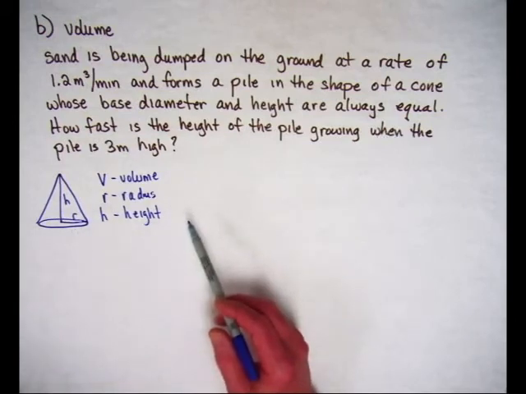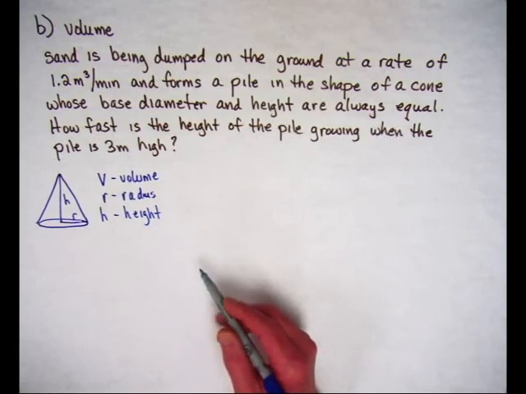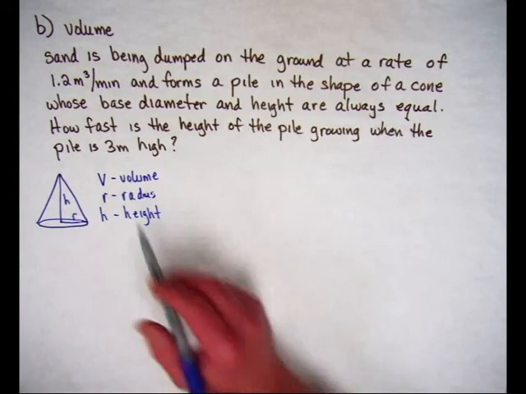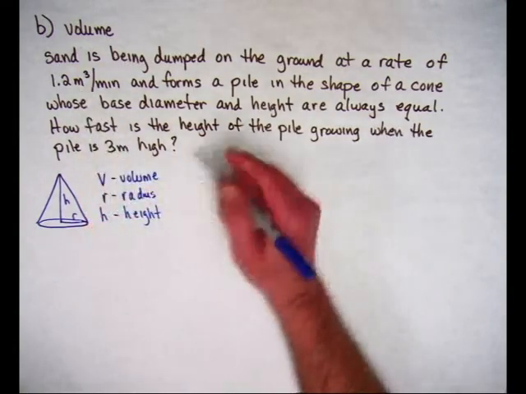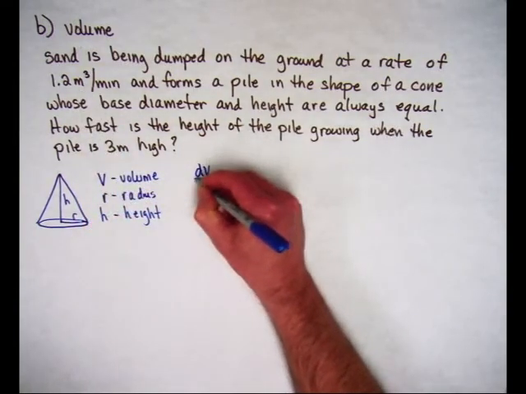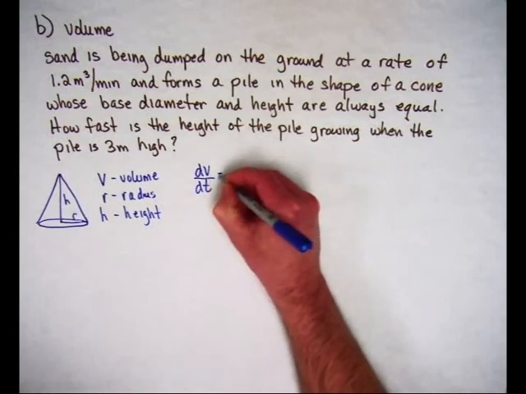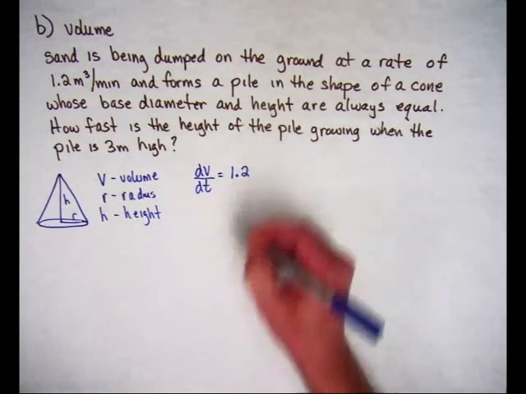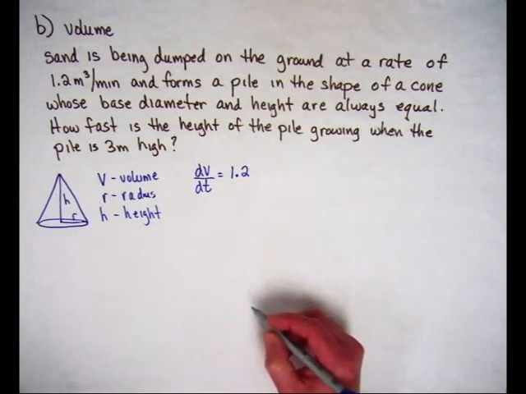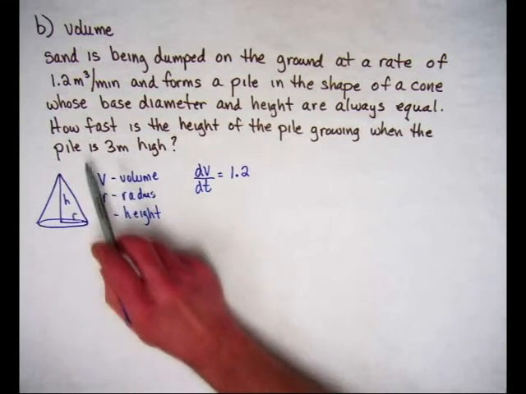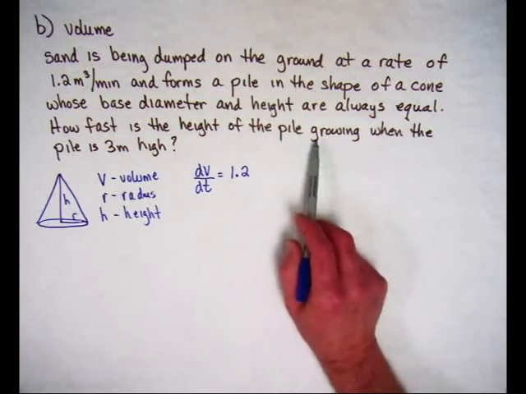Now your derivatives. Sand is being dumped on the ground at a rate. So there's our derivative, and it's a volume. We know that by the units, meters cubed per minute. So the volume is increasing, dV dt, at a rate of 1.2 meters cubed per minute. So that's our given rate of change. We're being asked to find how fast the height of the pile is growing.